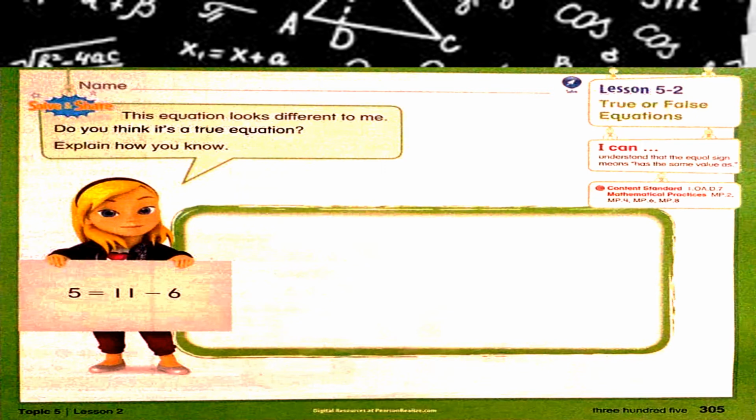I know that the equation looks different and that it is a subtraction equation because it has a minus and an equal sign. So, how can we find out if this equation is true? Good job, Grade 1. I can find 11 minus 6 and see if the value is equal to 5.